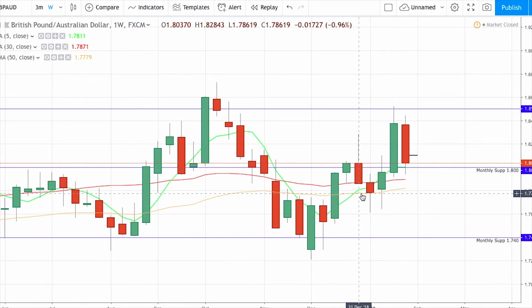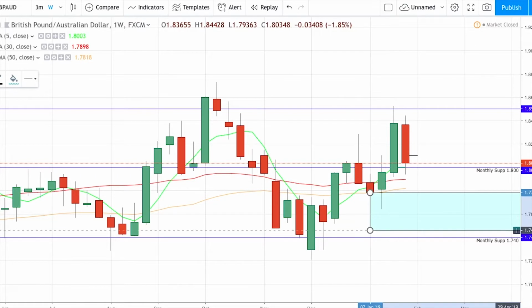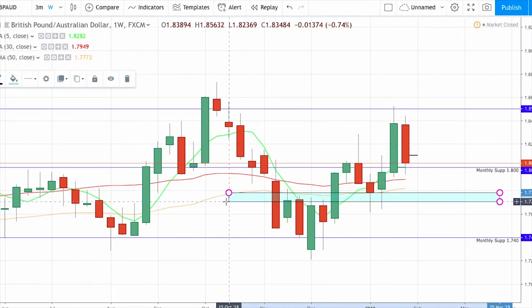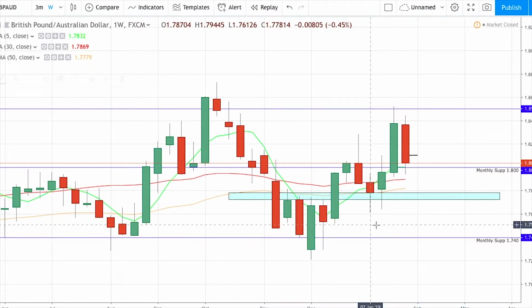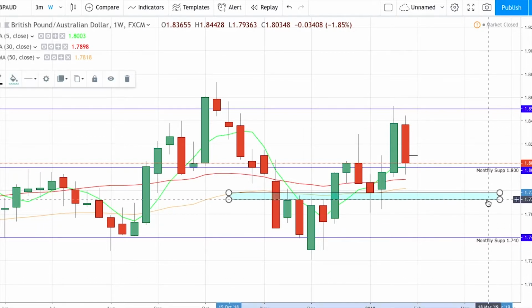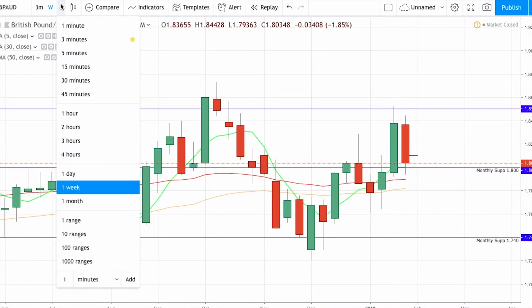And then price extended its highs into here. So providing this level here, which is highlighted, isn't broken, price is still in bullish trend structure. And therefore, for me personally, I'm only looking for long entries.